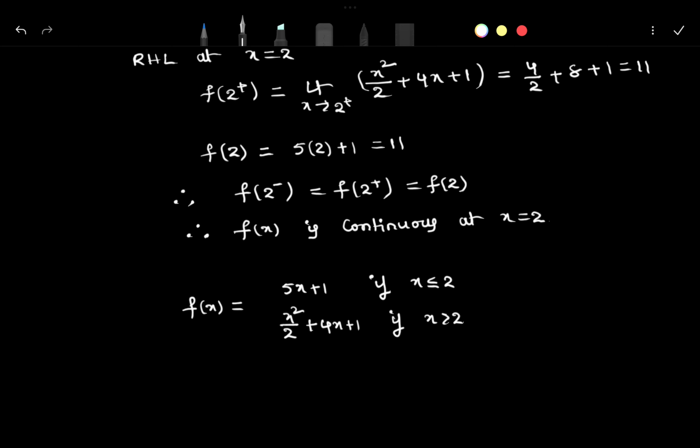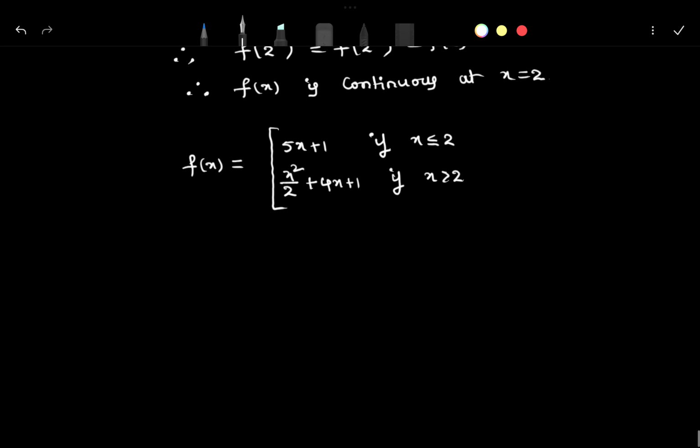So after this, what is the procedure to find it? Now we will discuss a simple method. Find f dash of x in both cases. What is f dash of x in both cases?